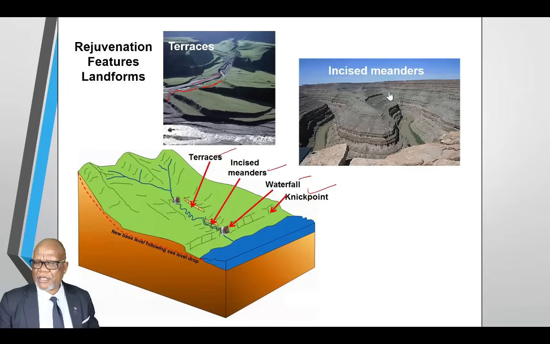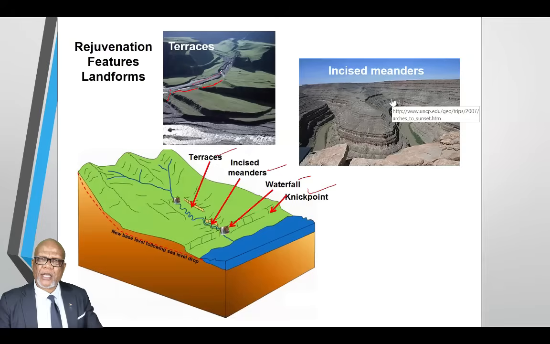When you say a meander is incised, it simply means that the meander is entrenched, is inside a hole. So it means rejuvenation took place when the river was already meandering. So what has happened with the meanders?